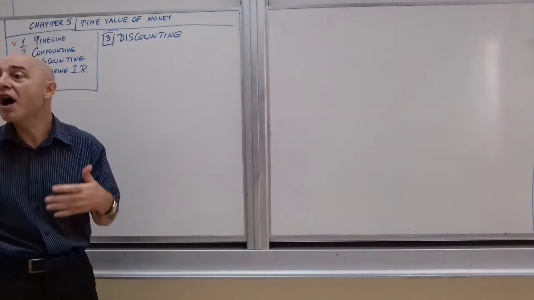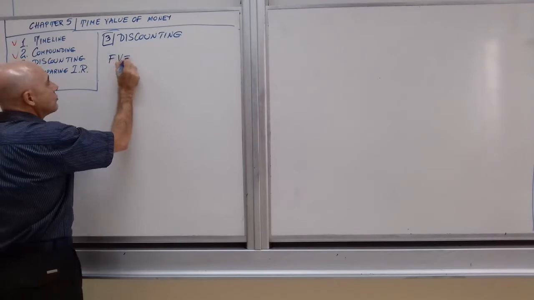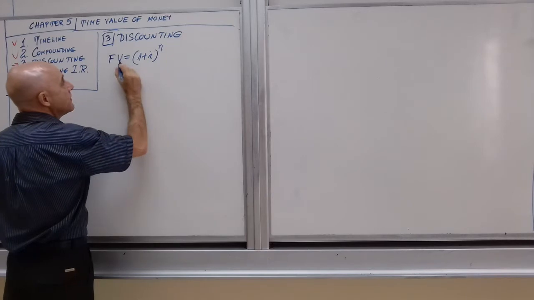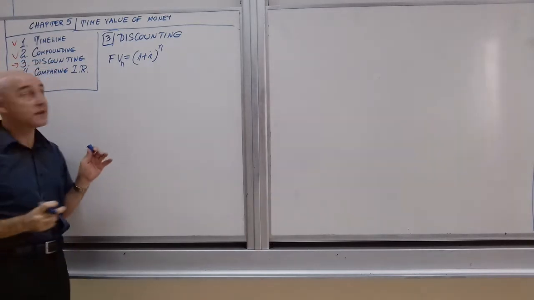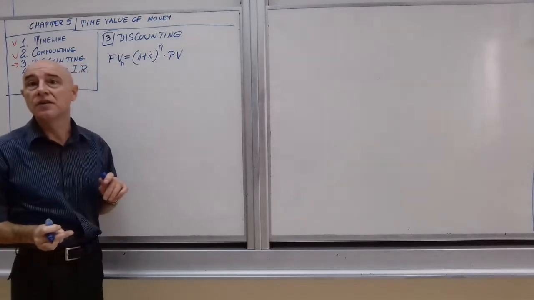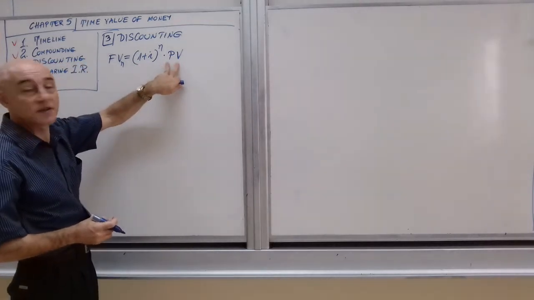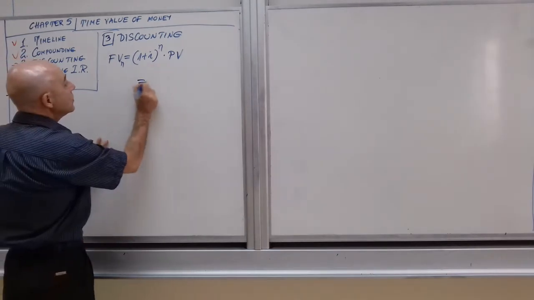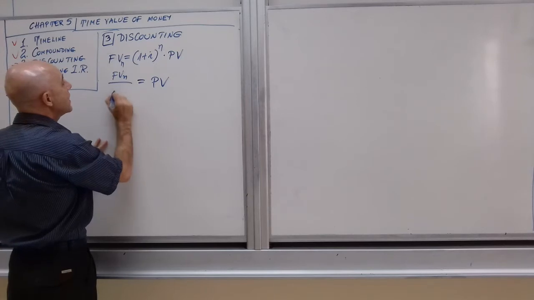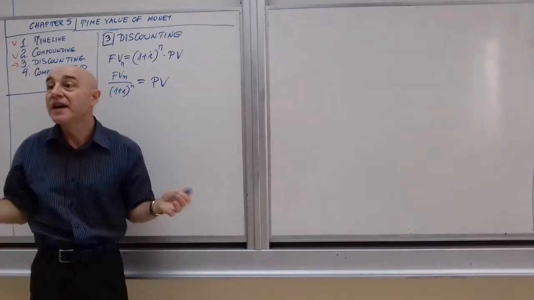It's the same formula. Future value n equals 1 plus I to the power of n, times present value. Now we move this around to solve for present value. So present value equals future value n divided by 1 plus I to the power n. And that's it.